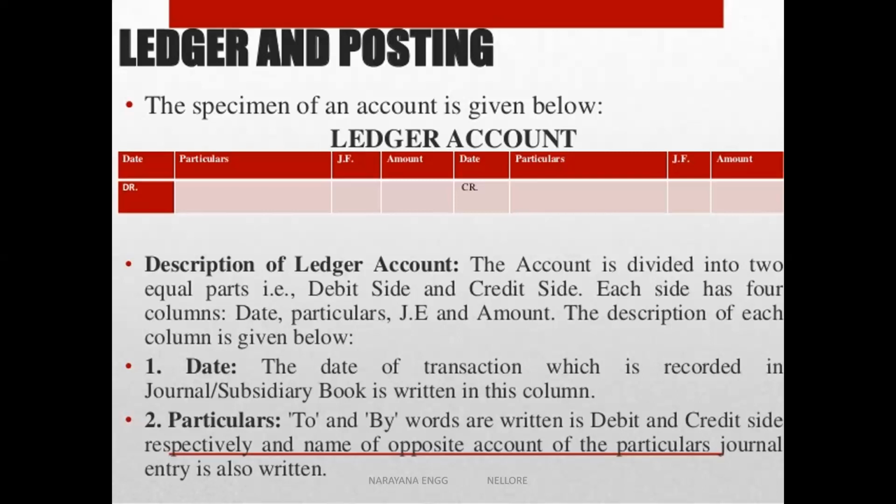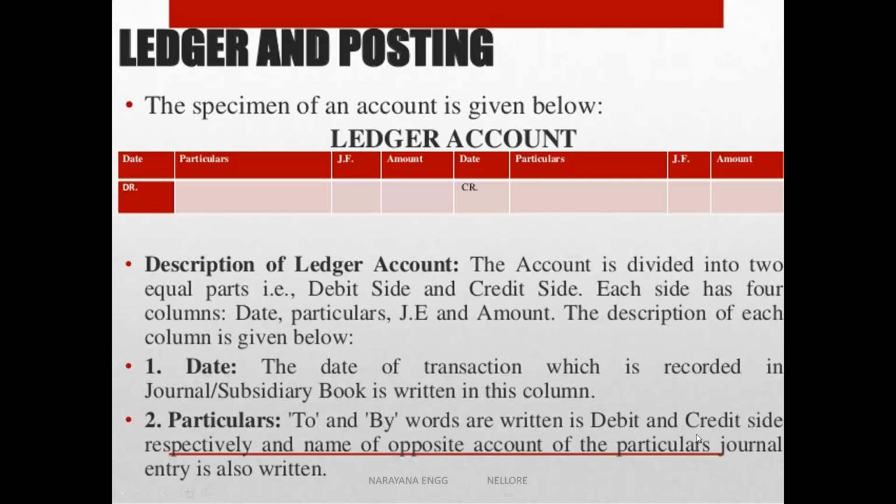In the same way, here the journal folio can indicate where these transactions were entered in the journal book, where they are from. That is one more column. And the next column is amount. You write the amount here.